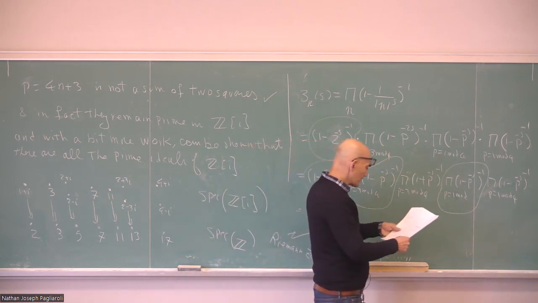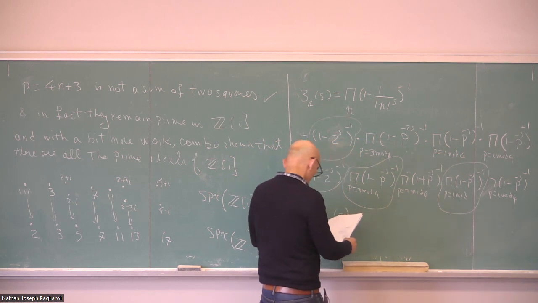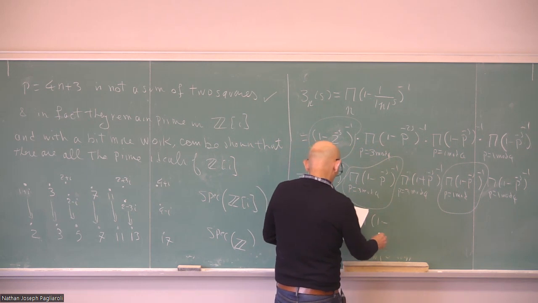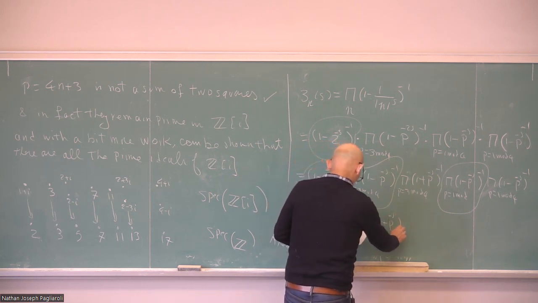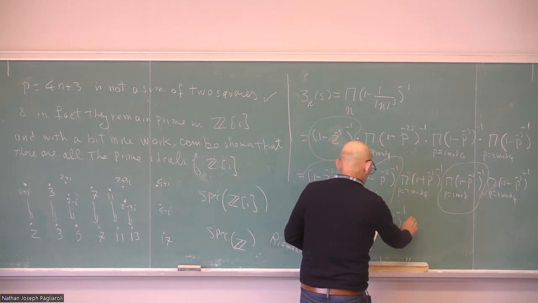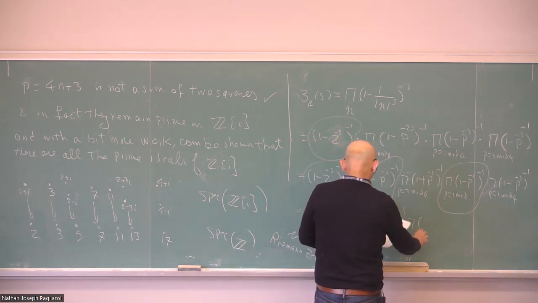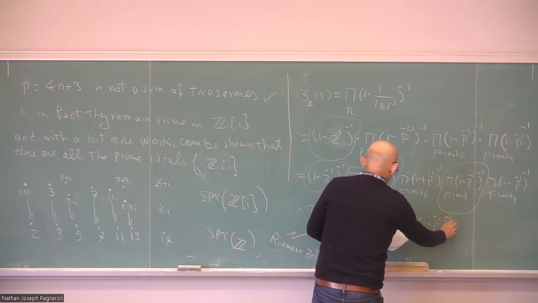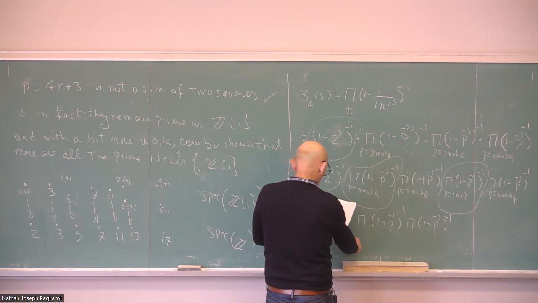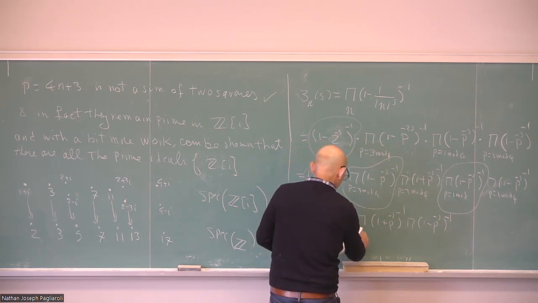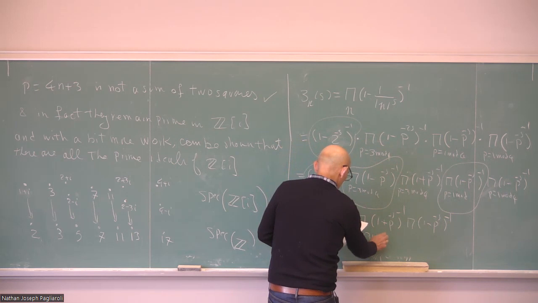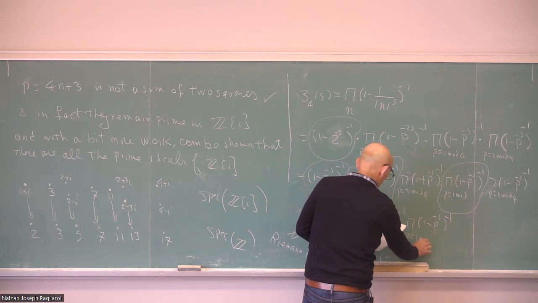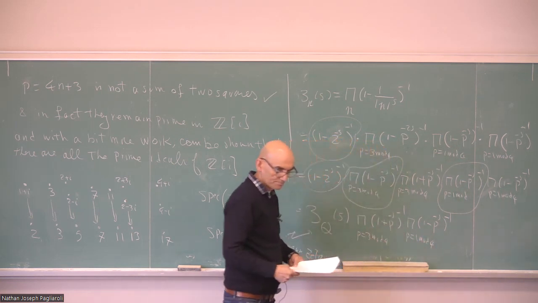Okay, now these two pieces I can keep. I just write the product of 1 plus p to the minus s inverse, p equal to 3 mod 4, times the product of 1 minus p to the minus s inverse, where p is equal to 1 mod 4.